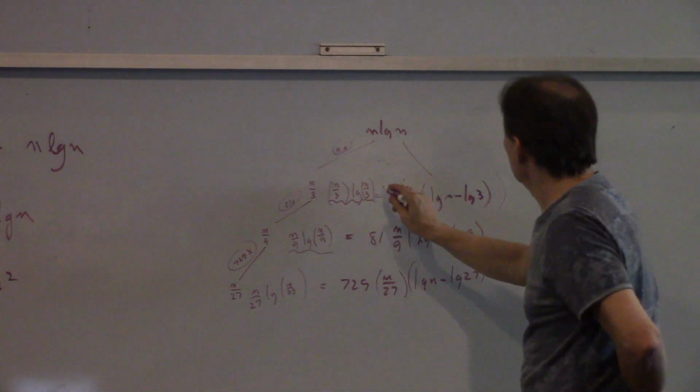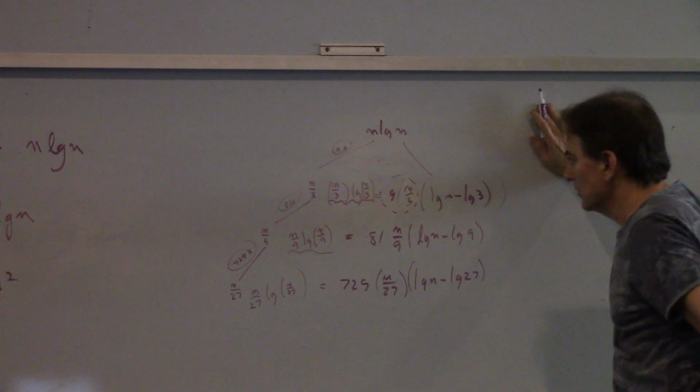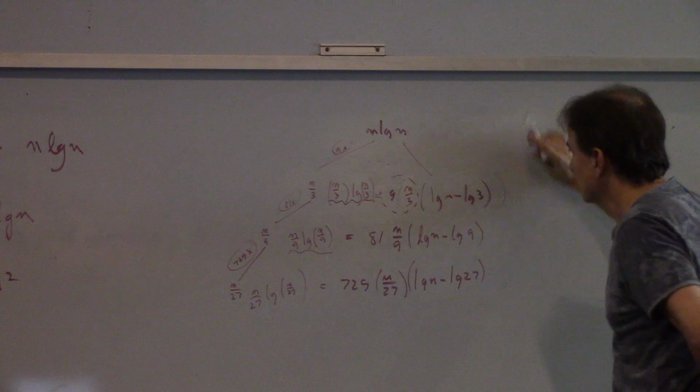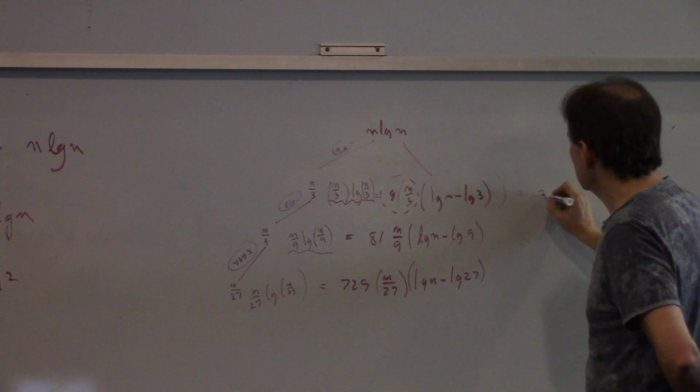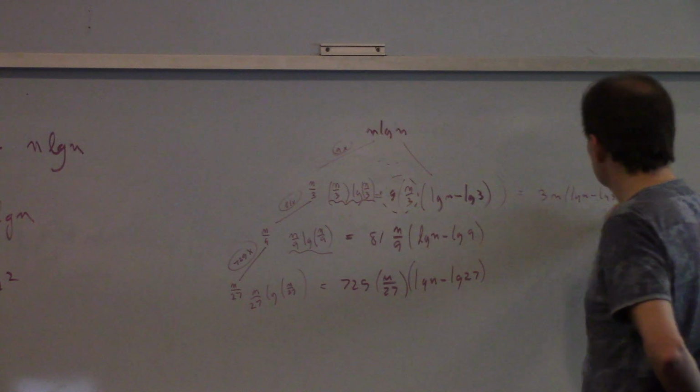Okay, so what is this over here? This is 9 times n over 3. What's that? So that's going to be 3n times lg n minus lg 3, right?